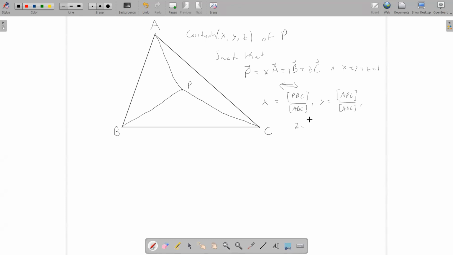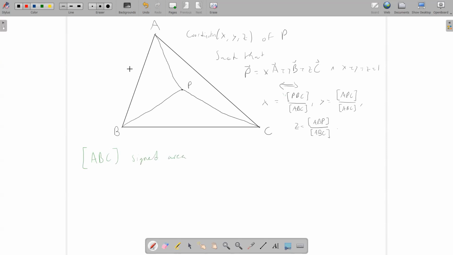And Z is going to be the area of ABP over ABC. Here, it's important to note that these areas are taken to be signed.